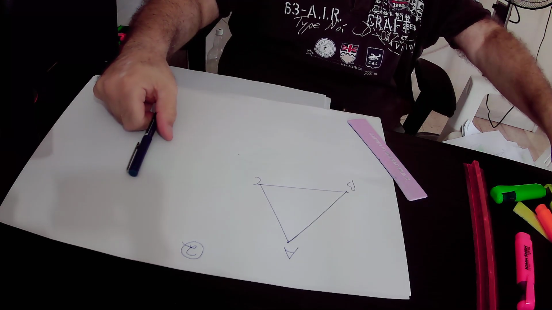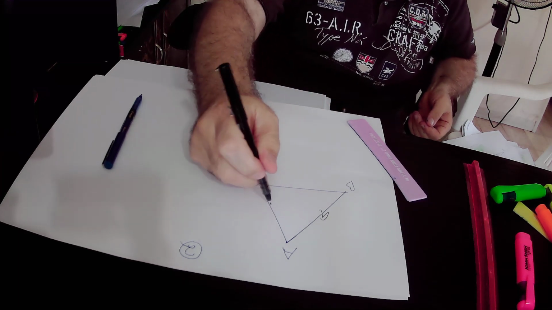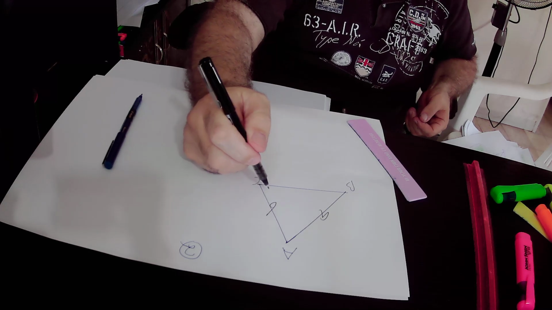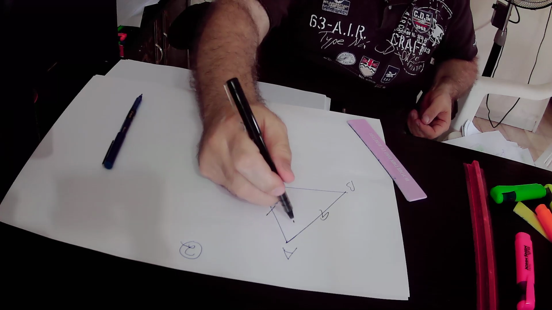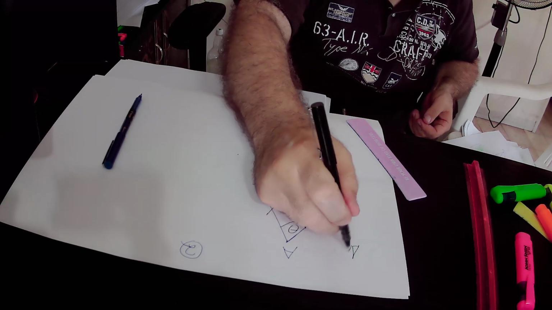We know that the length of side AB is A units, side AC equals B units in length, and the angle between side AB and side AC in triangle ABC equals theta.